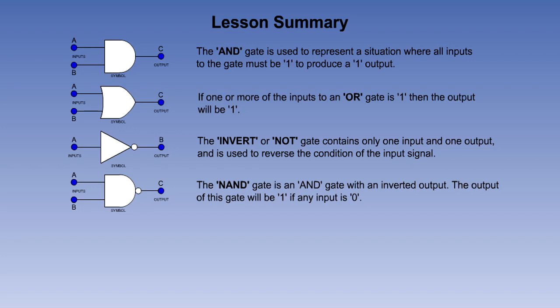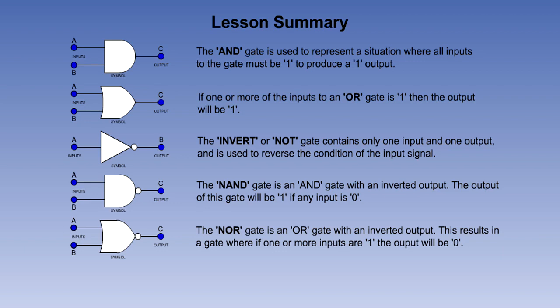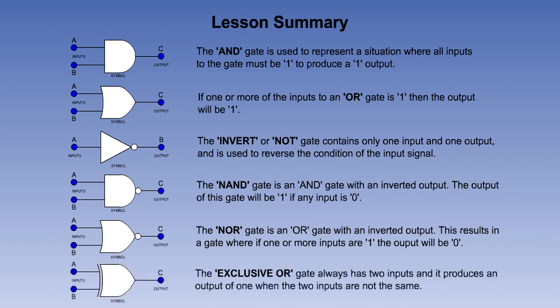The NOT AND or NAND gate is an AND gate with an inverted output. The output of this gate will be 1 if any input is 0. The NOT OR or NOR gate is an OR gate with an inverted output. This results in a gate where if one or more inputs are 1, the output will be 0. The exclusive OR gate always has two inputs, and it produces an output of 1 when the two inputs are not the same.